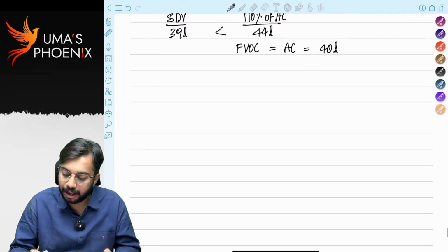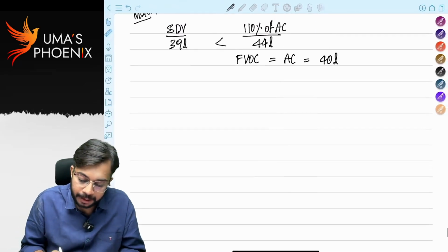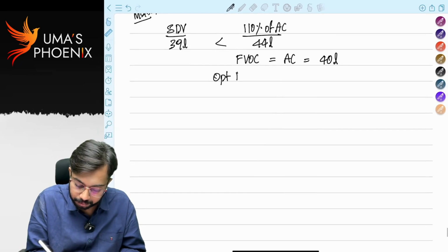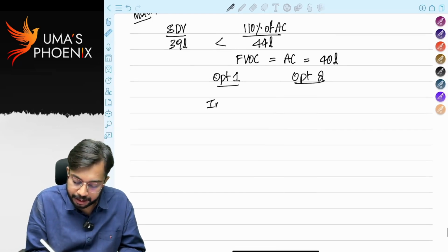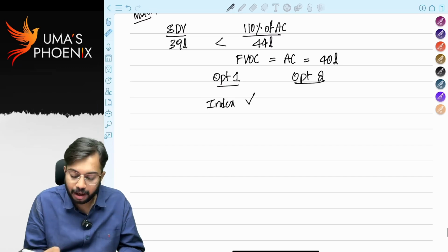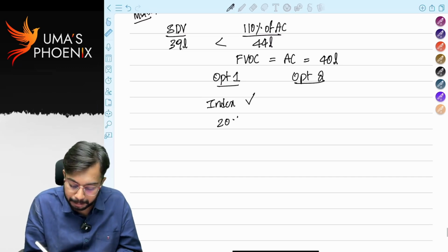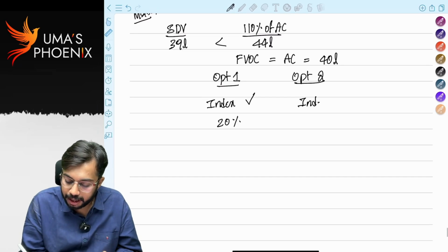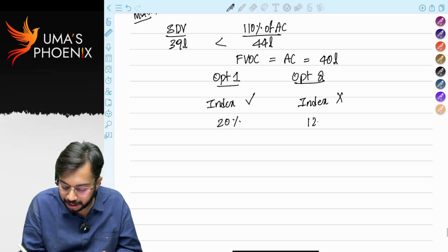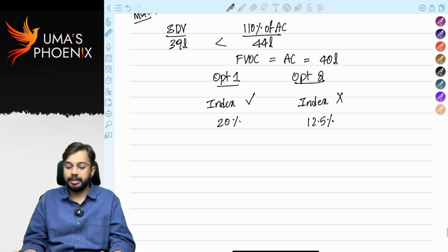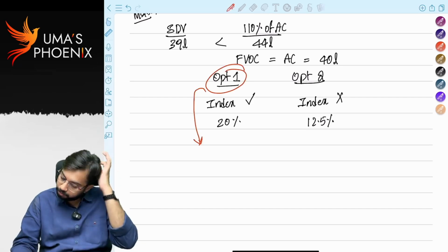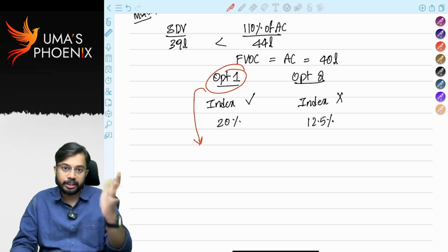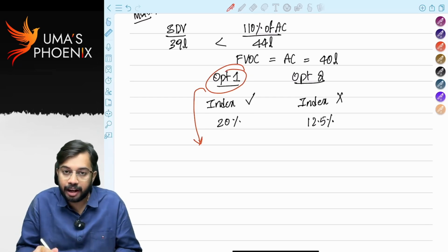What are the options? As per one option, indexation benefit is allowed and the tax rate applicable is 20%. As per the other option, indexation benefit is not allowed and the tax rate is 12.5%. Shall we calculate? First, I will calculate with indexation benefit at the rate of 20%.